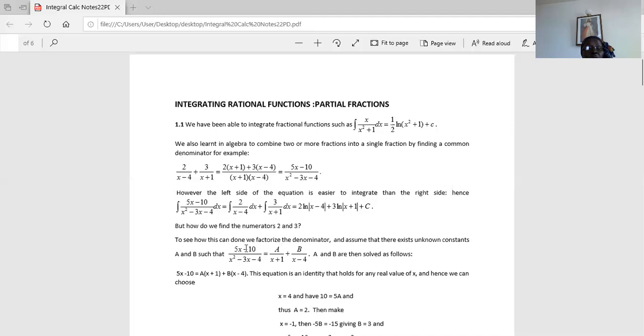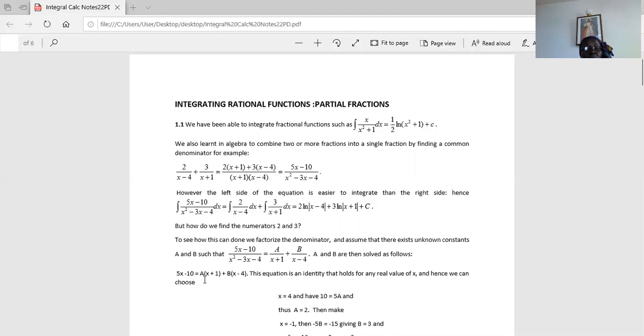So 5x minus 10 over x squared minus 3x minus 4 can be rewritten as a over x plus 1 plus b over x minus 4. You can see x plus 1 is one of the factors in the denominator, and x minus 4 is the other factor. Then we find a and b, the two unknowns.